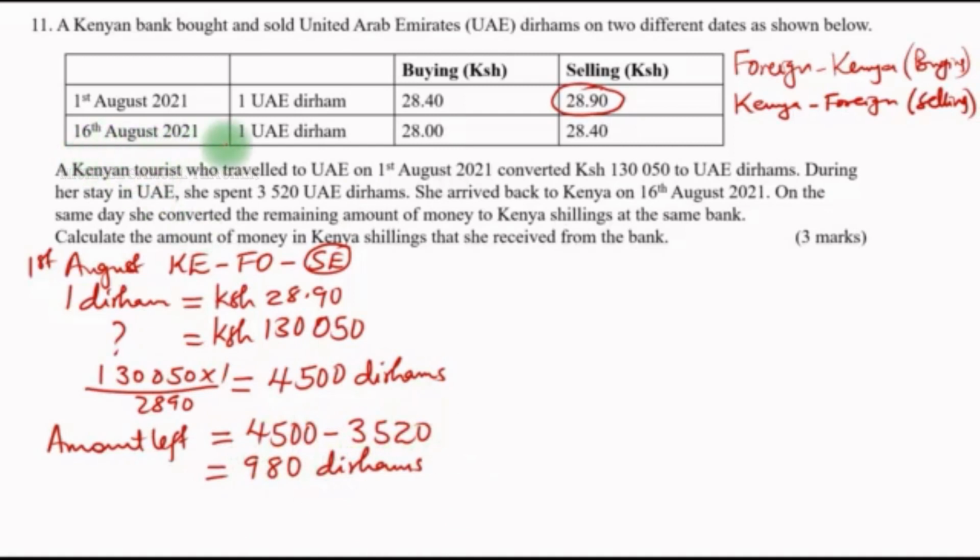Then on 16 August, she arrived back in Kenya, and once in Kenya, the tourist cannot use the dirham currency. She has to convert back to Kenyan currency. So from foreign to Kenyan currency. Therefore, in this case, the bank will buy the foreign currency, and we use the buying column rate.